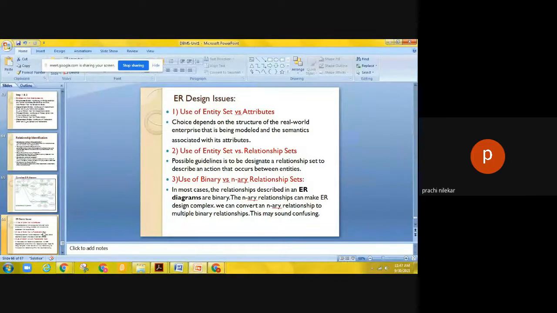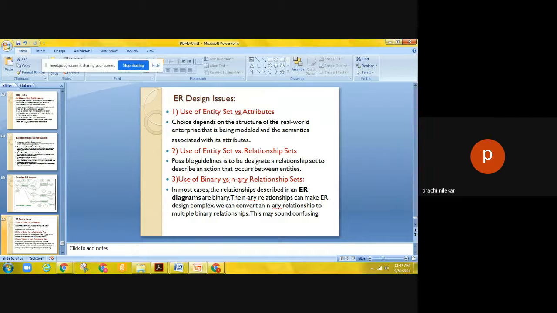The next is the use of entity set versus relationship set. A possible guideline is to designate a relationship set to describe an action that occurs between entities. Sometimes it's hard to decide whether an object can be represented by an entity set or a relationship set.